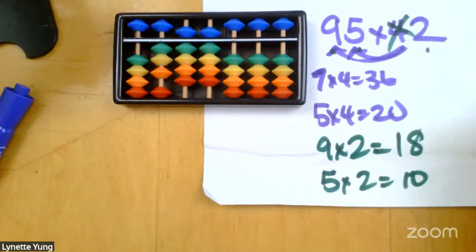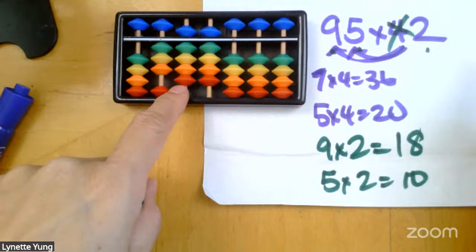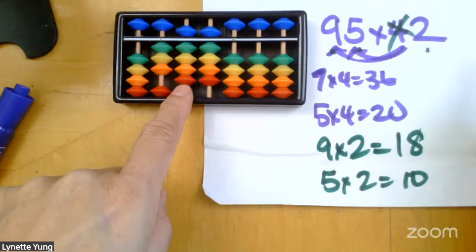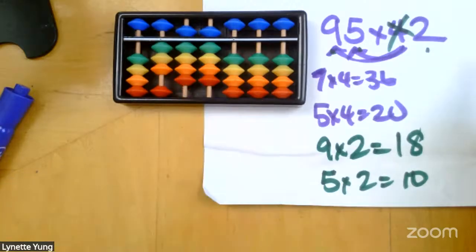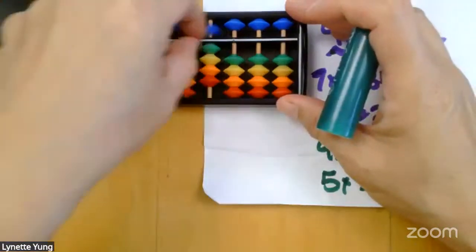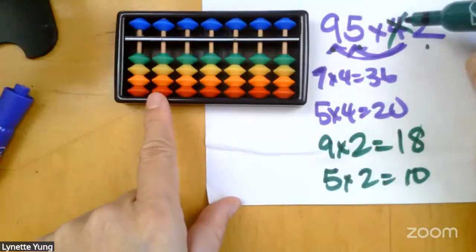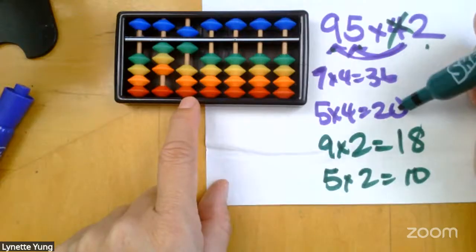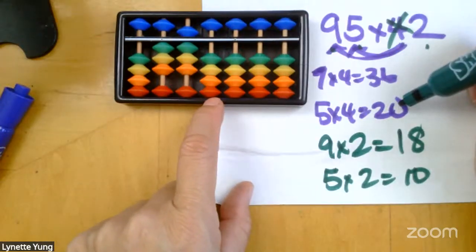Answer is 3,890. I got 3,990. Let's do it again. 1, 2, 3, 4. 36 plus 20 plus 2 and 0.